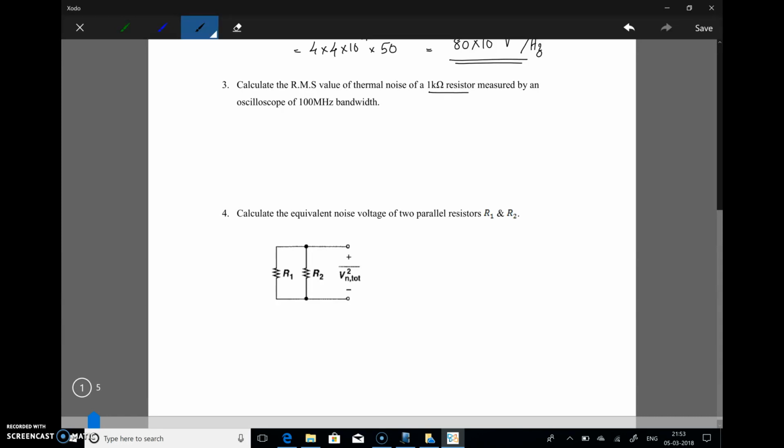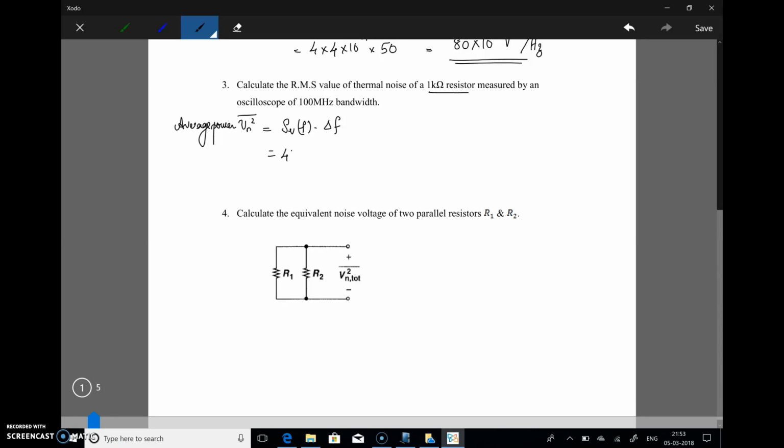So what we know is this is average power. So average power Vn square bar is equal to SV of F into delta F. Now what is SV of F?